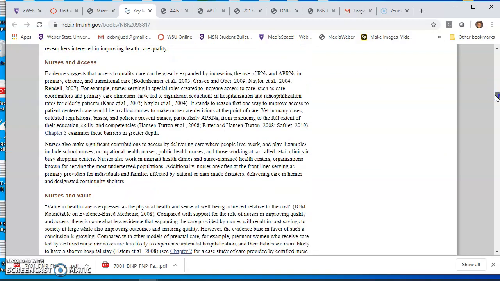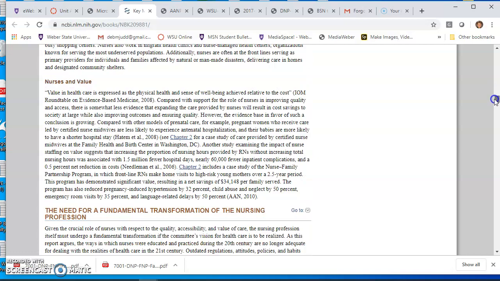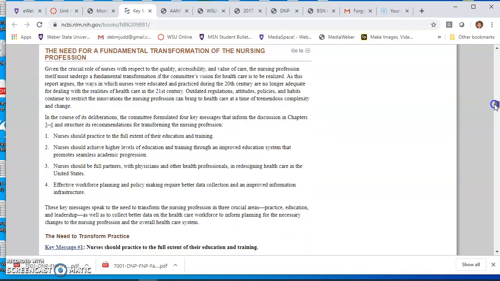And access is one way that we can do that as nurse practitioners, but for transformation of the nursing profession, which in the end transforms healthcare, you need to know that nurses need to practice to the full extent of their education.